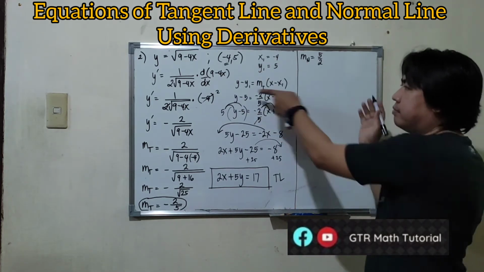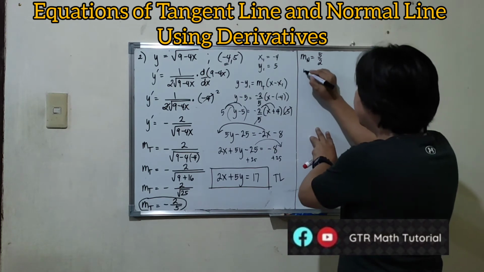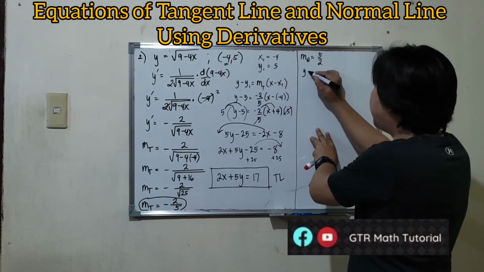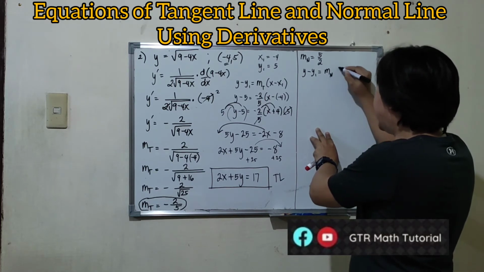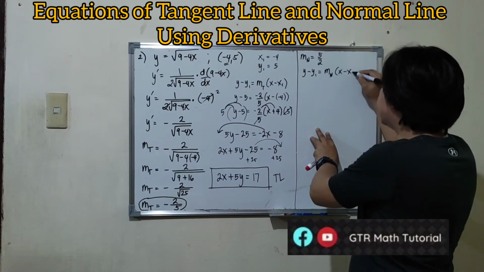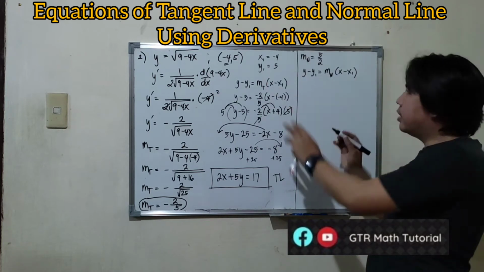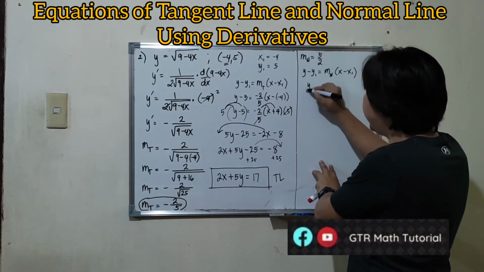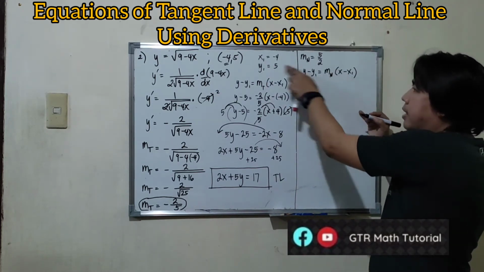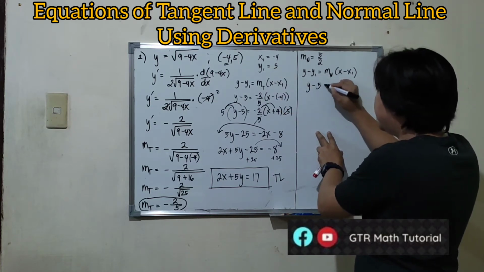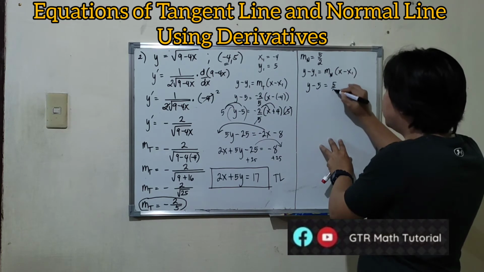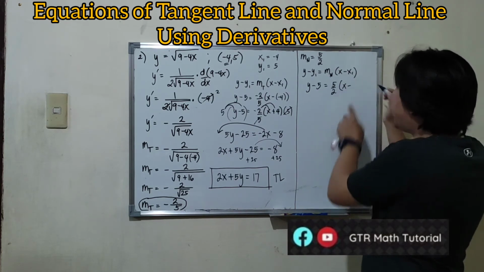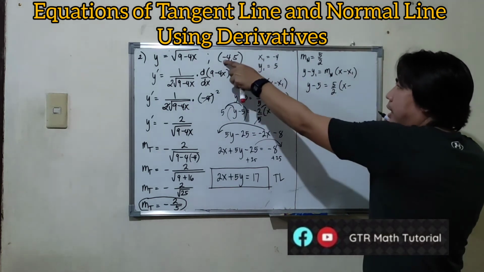So substitute. So here's the formula. Point slope form, y minus y sub 1 equals slope of the normal line times x minus x sub 1. So substitute all the given. We have y minus y sub 1, so that is 5, equals the slope of the normal line 5 over 2 times x minus x sub 1, so that is the negative 4.